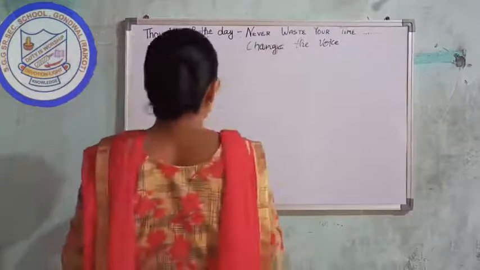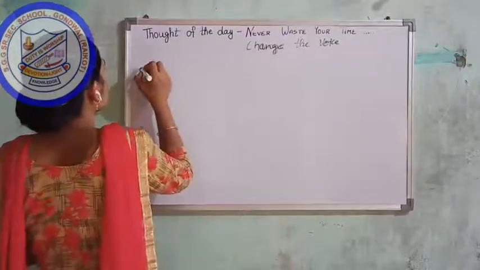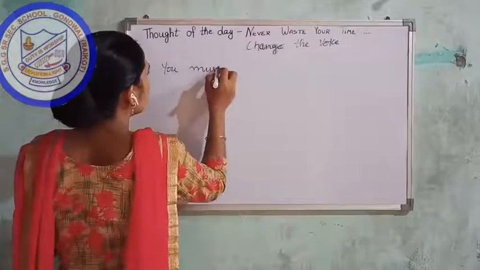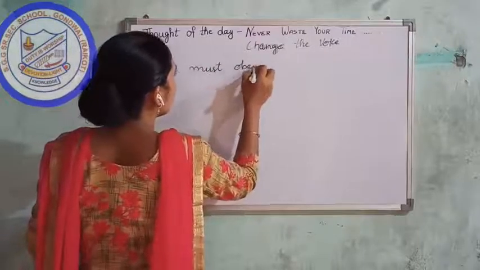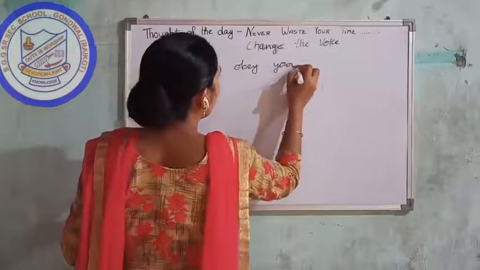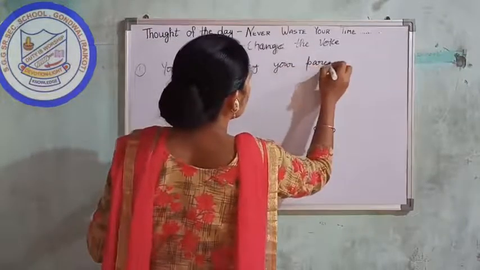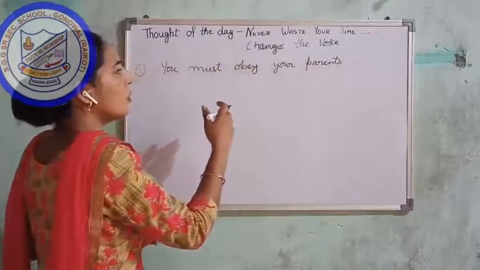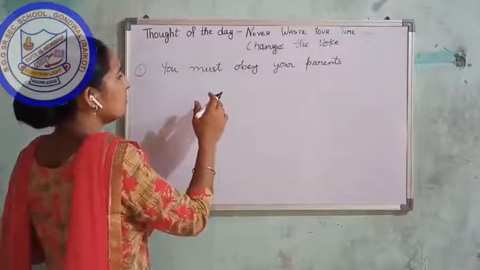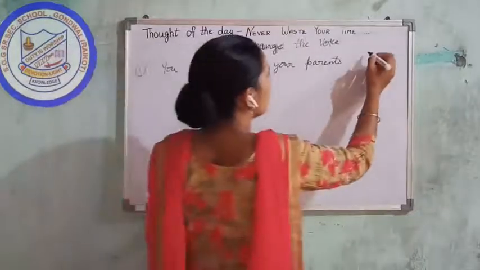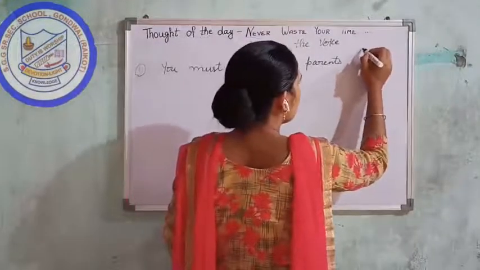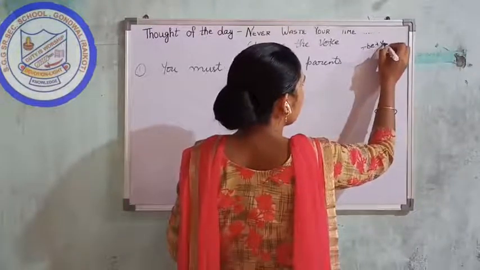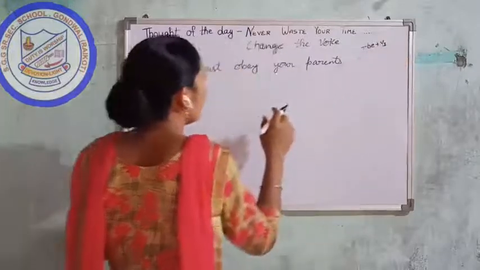So our first question is: you must obey your parents. In this type of sentences, we will make use of the formula: modal auxiliary verb plus be plus third form of verb.